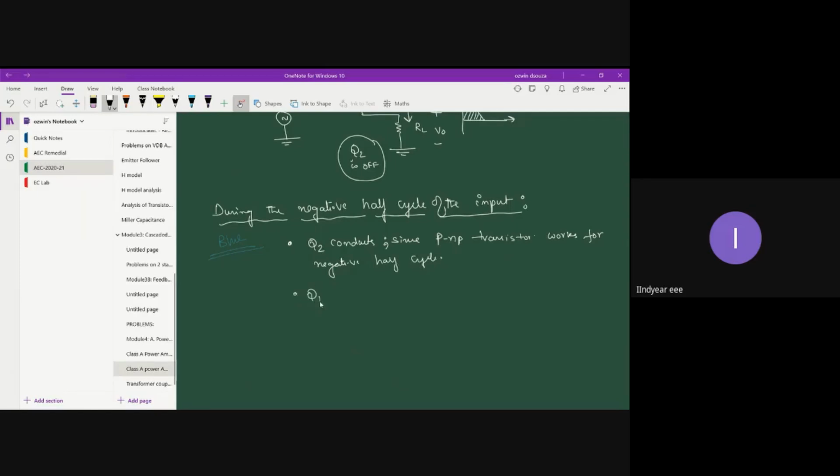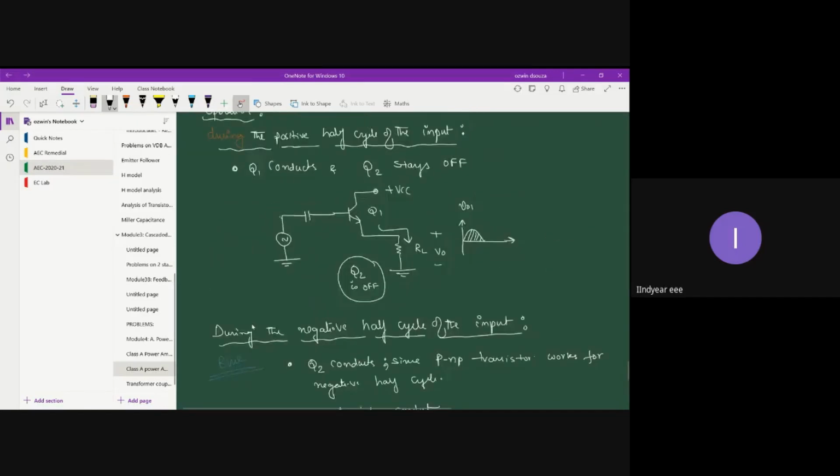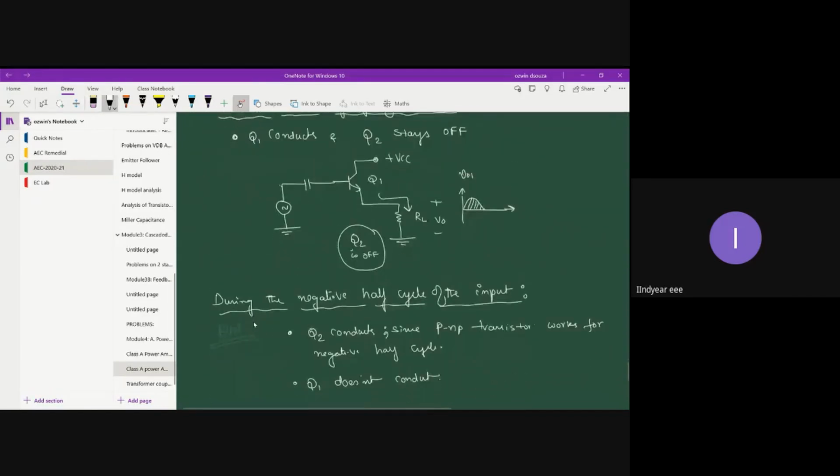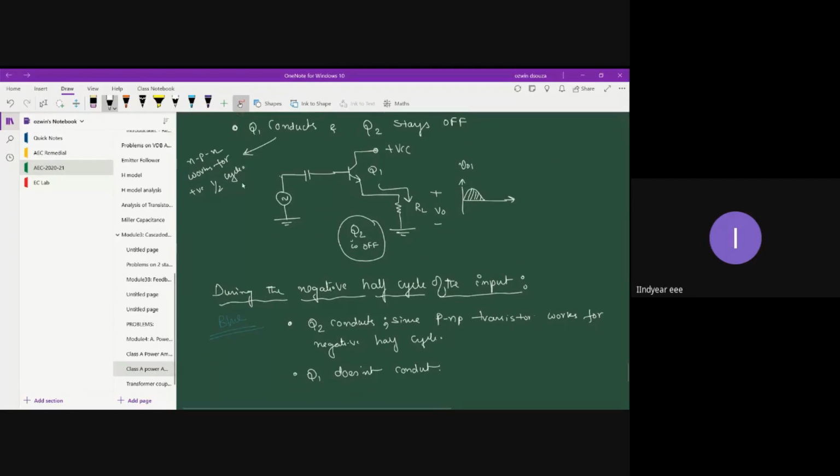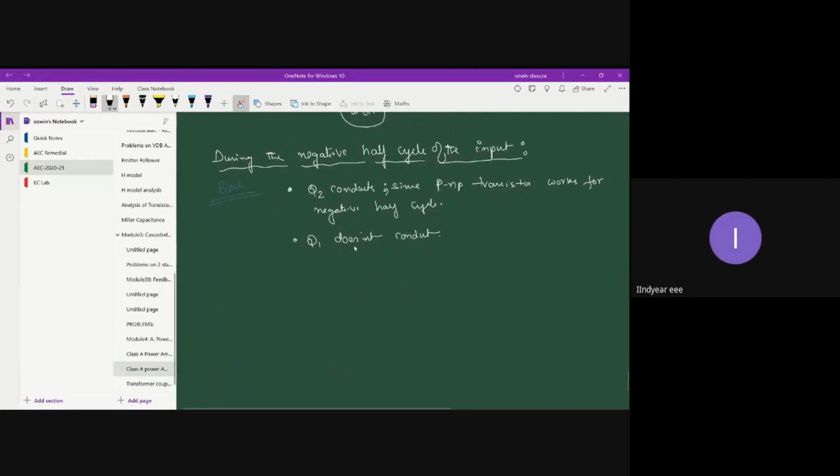Okay, Q1 doesn't conduct. So here also I will write Q1 conducts because NPN works for positive half cycle. Okay, positive half cycle. So if Q1 doesn't conduct, what will be the state of the circuit?